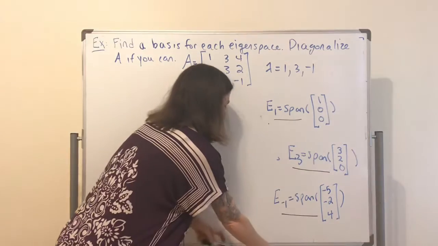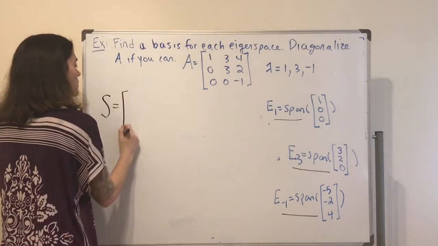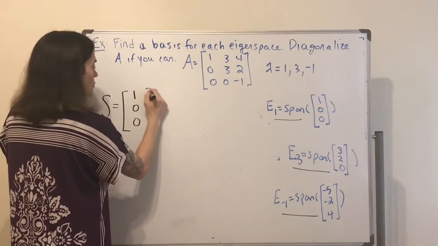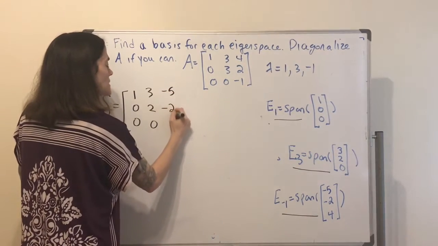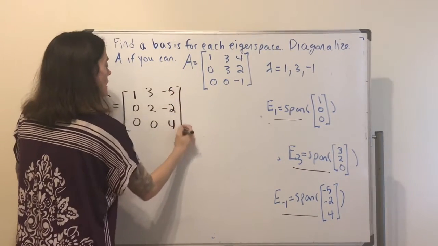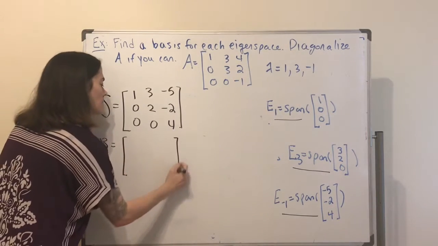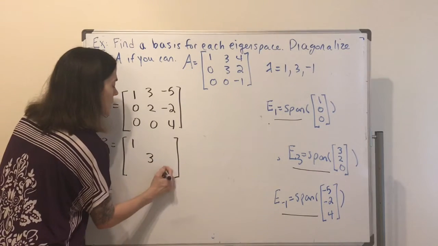We get S is 1 0 0, 3 2 0, minus 5, minus 2, and 4, and B, well, this is going to be 1, 3, minus 1.